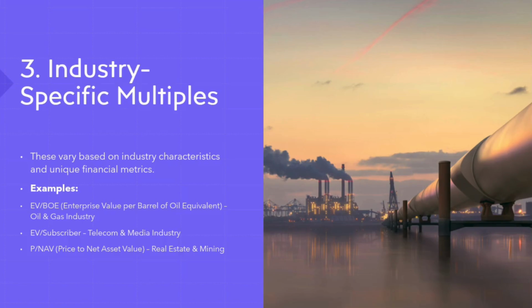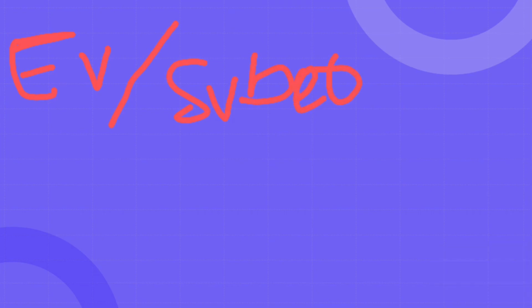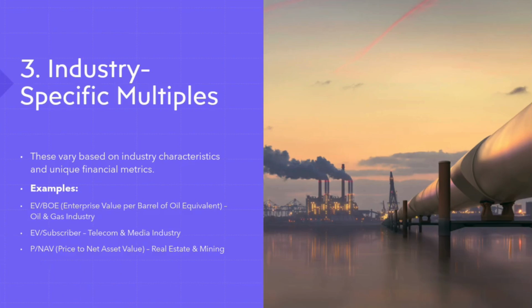Next, P by NAV, which is price to net asset value, which is used in real estate and mining. Next, we move to example one, EV by subscribers.